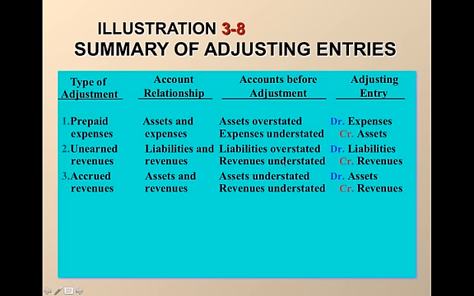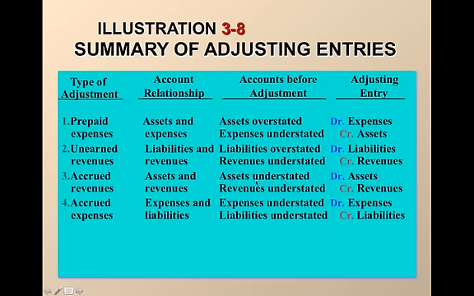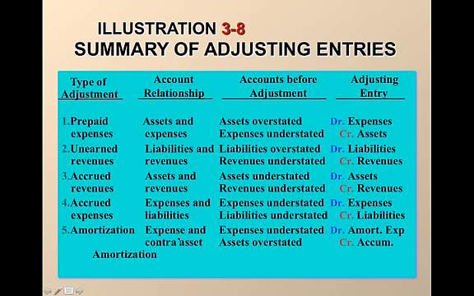And for the accrual, so for accrued revenue and accrued expenses, for the revenues there's an asset and revenue relationship, and there's an expense and liability relationship for the expenses, and all of them are understated if you don't do the adjustment. And here again, of course, is the adjusting entry. And finally, for the amortization, there is an expense and contra asset, which is accumulated amortization.